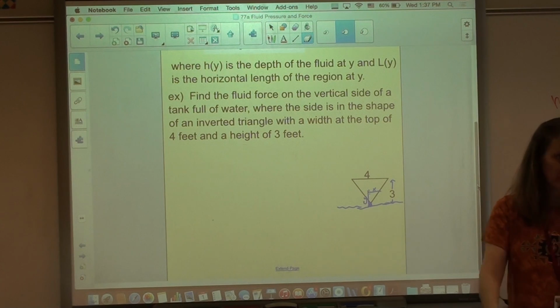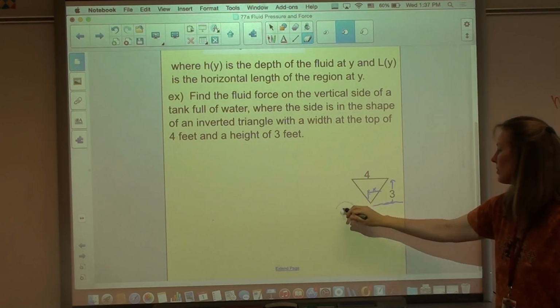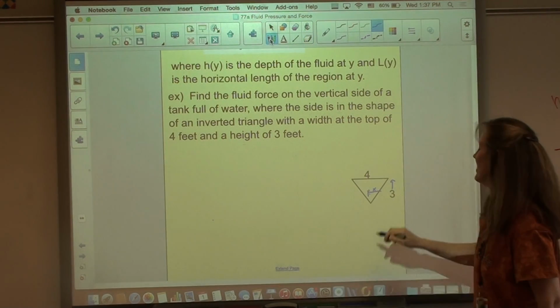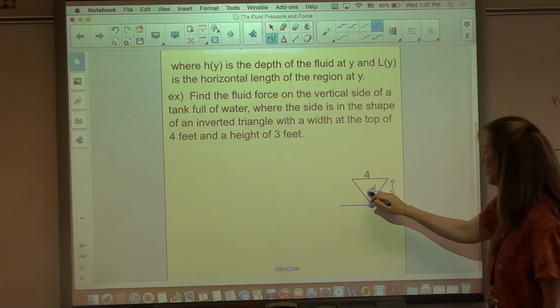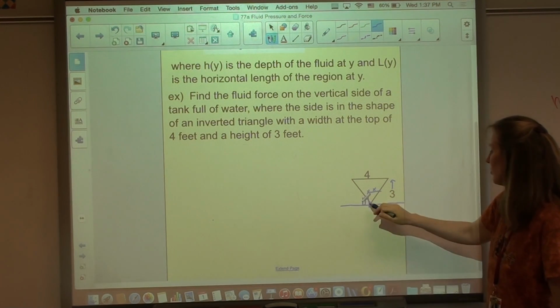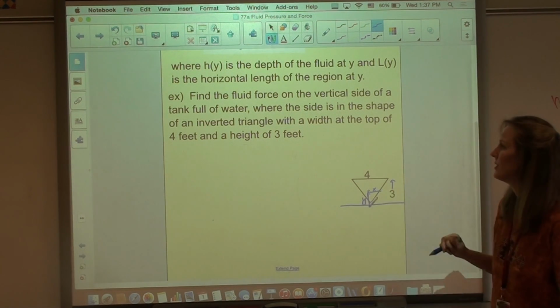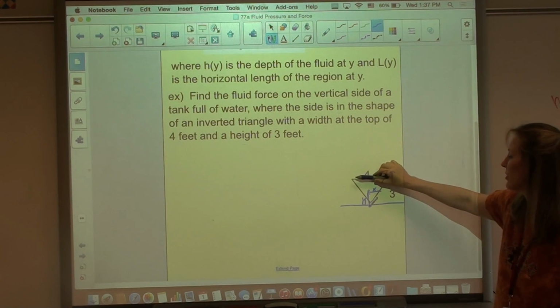I'm going to show you both ways, all right? So I'm going to have my x-axis here. So there's the origin. This distance up is y from here, and this distance over is x. The depth, we're talking about the depth of water in the tank.